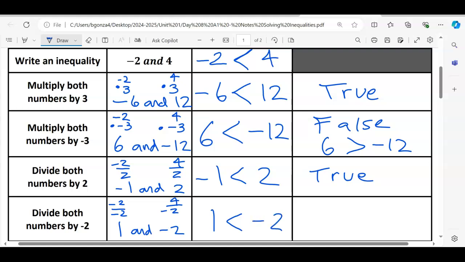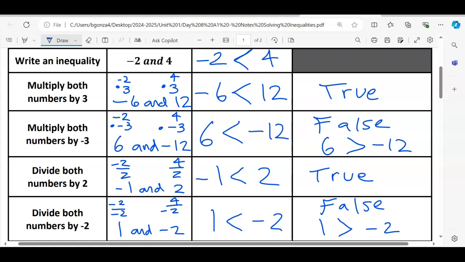Is that true? No, a positive is greater than a negative, right? So this is false. 1 is greater than negative 2. Right. The one I just rewrote, that is true, but the third column is false.